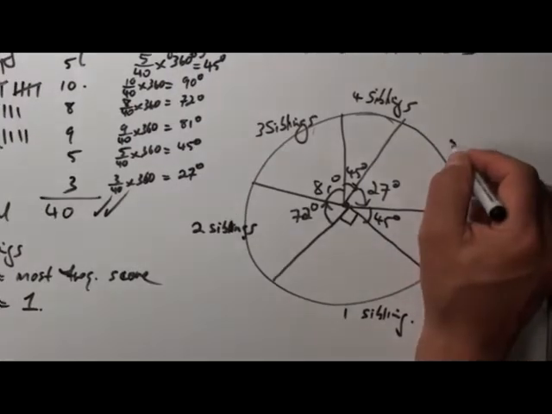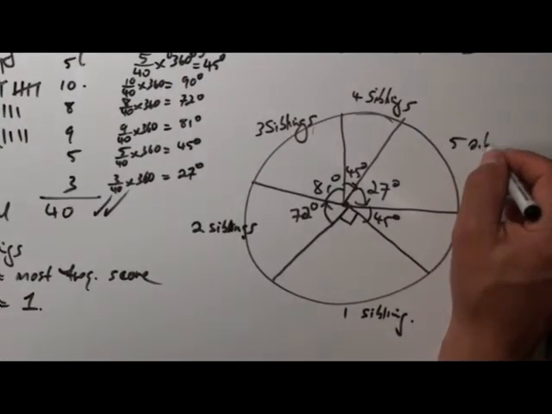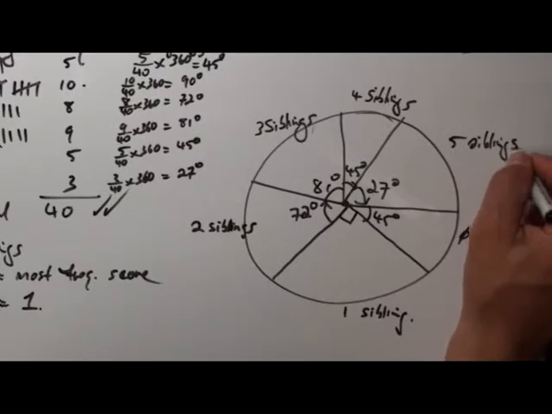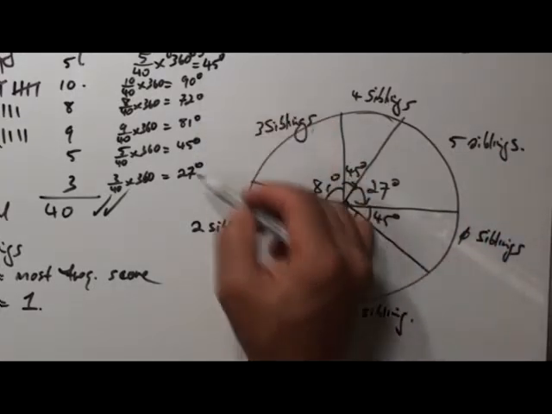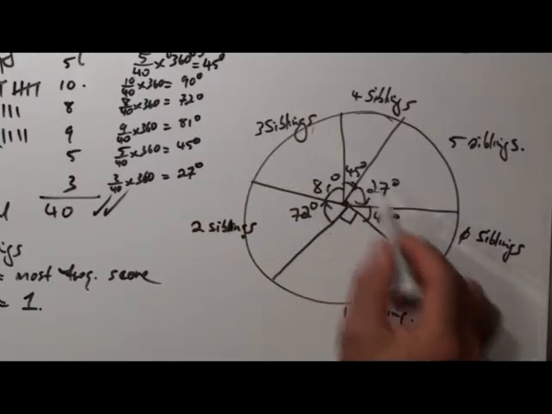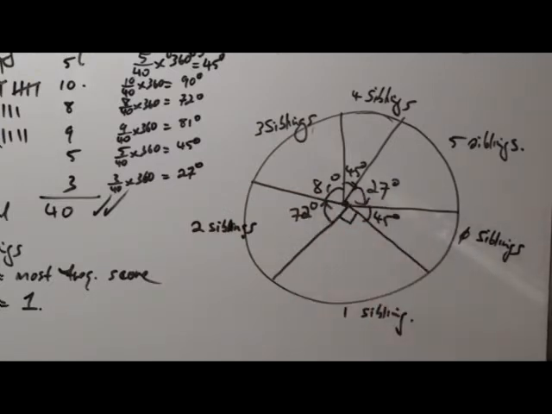And this is for 5 siblings. So I recommend that you use a protractor. Once you've worked out your angle size, use your protractor to work out each one of these angles, and mark them as I've shown here.